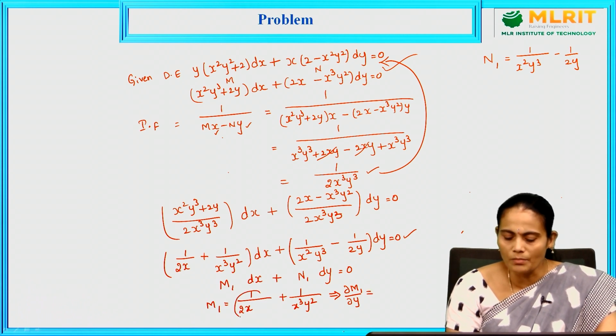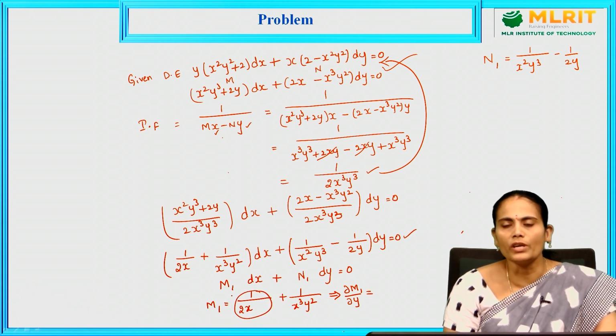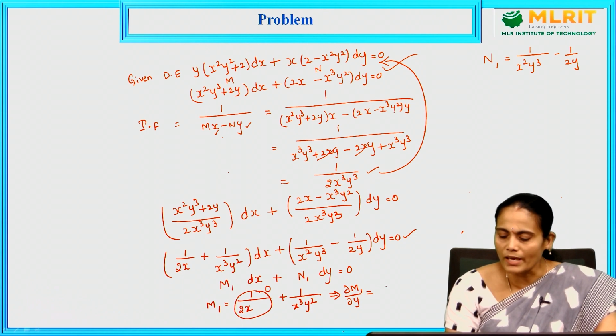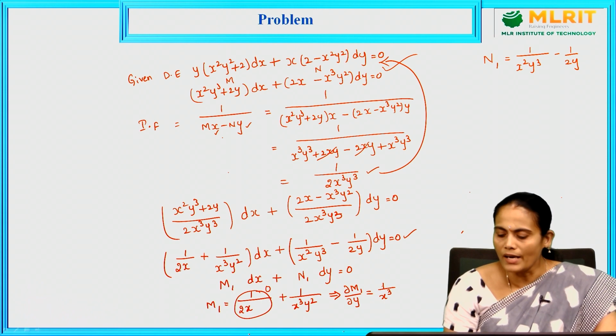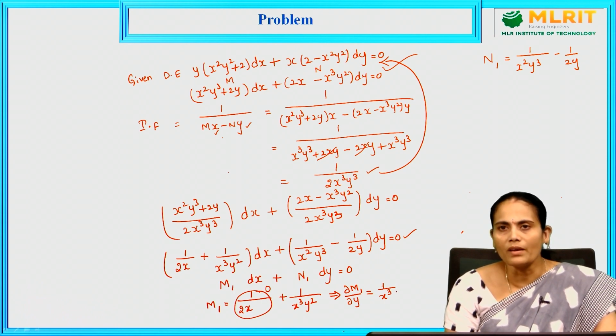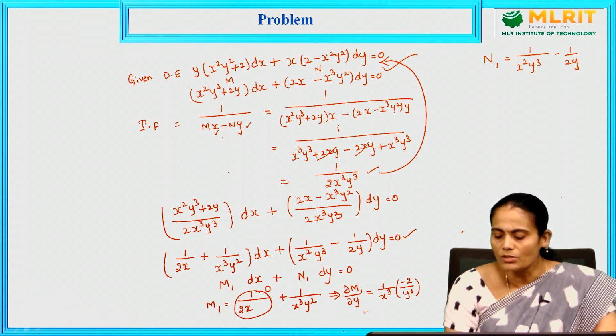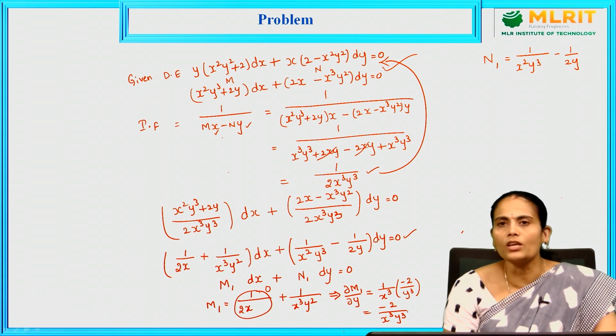Here this term is a constant when we differentiate with respect to y, so this derivative is 0. Coming to the second term, 1 by x cube is a constant, and the derivative of 1 by y square is minus 2 by y cube. So this derivative value is minus 2 by x cube y cube, which is the value of dou M1 by dou y.